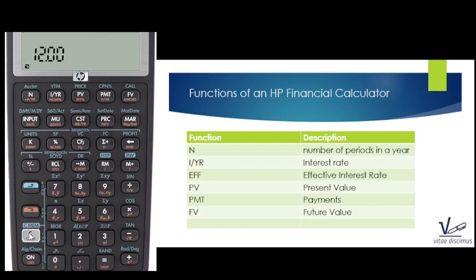Now you'll be able to say the 8% interest, press 8 and enter the nominal interest. Now to convert that nominal interest to effective interest, you then press the shift and the EFF. So your effective interest is essentially 8.3% if it's going to be compounded monthly, right?